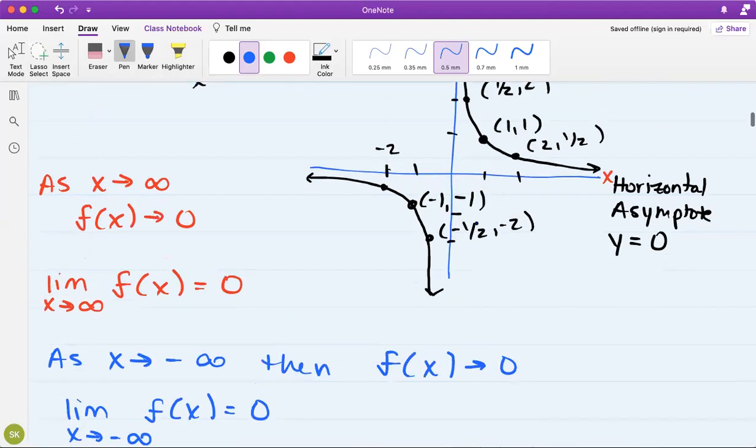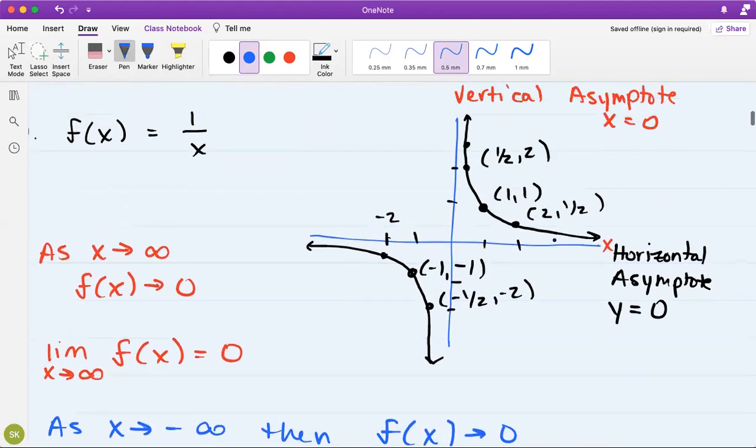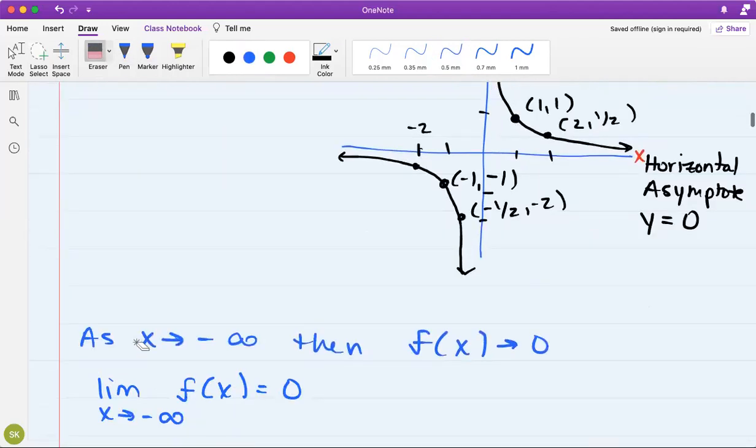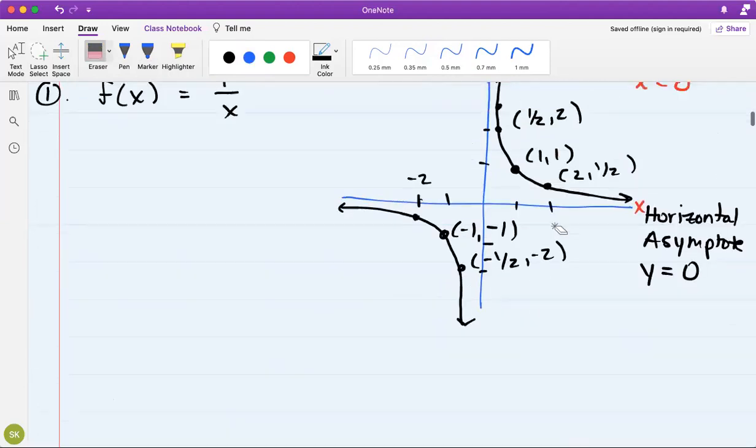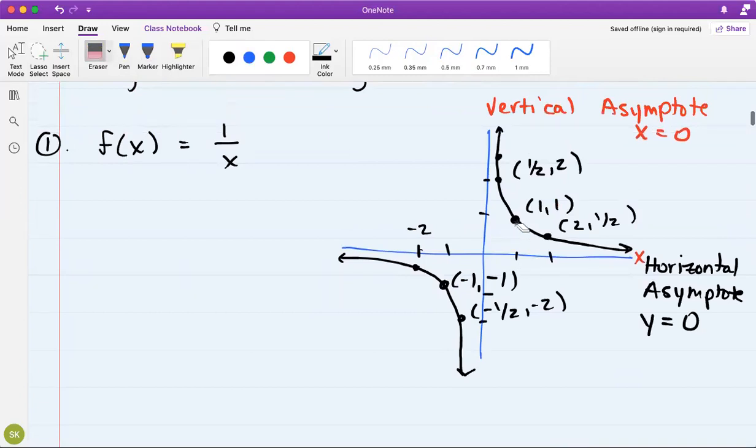So let's go back to our graph here. Now let's define a vertical asymptote. So let me erase this right here. I'm going to do something very similar. I'm going to look at what happens when we approach 0. So as x approaches 0, and I'm going to put a little positive here from the right.